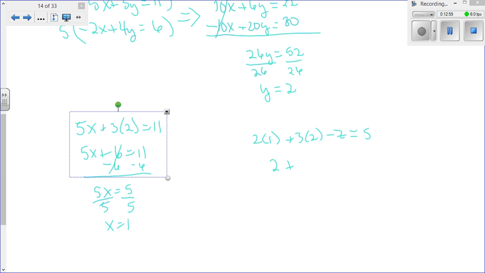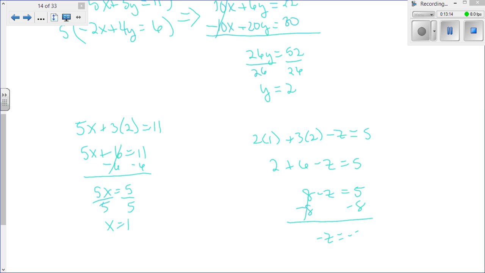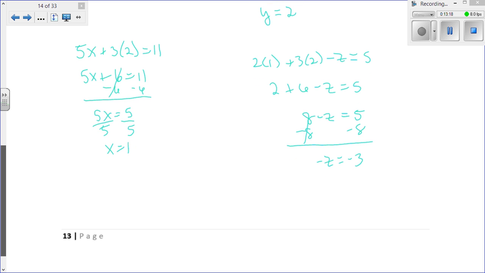So 2 plus 6 minus z equals 5. And 2 plus 6 is 8 minus z equals 5. Subtract 8. So minus z equals negative 3. Divide by negative 1. So z equals positive 3.